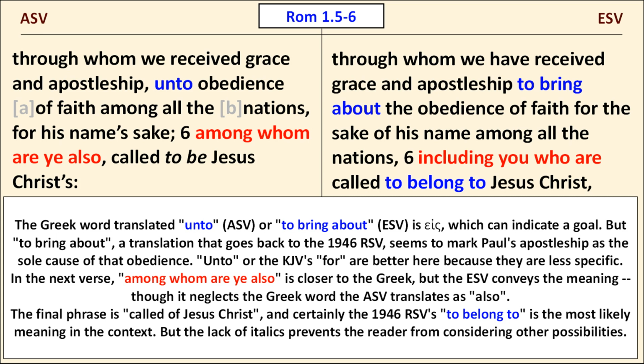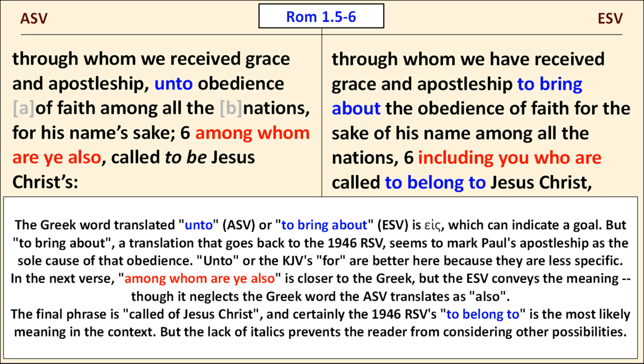Unto, or the King James Version's for, are better here because they are less specific. In the next verse, quote, among whom ye are ye also, unquote, is closer to the Greek. The ESV conveys the meaning with including you who are, though it neglects the Greek word the ASV translates as also.